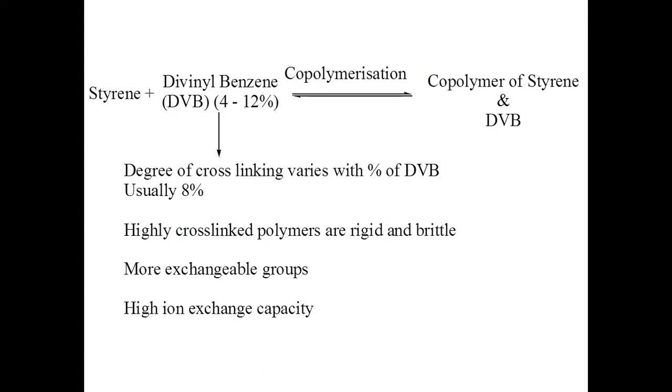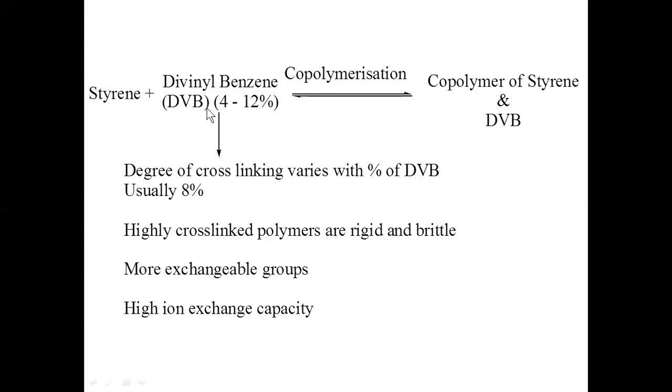So more exchangeable groups will be available if you use a cation exchange resin or anion exchange resin with a very high degree of cross-linking. And as a result of more available groups for the exchange process, the ion exchange capacity will also become very high. So do remember this first step.